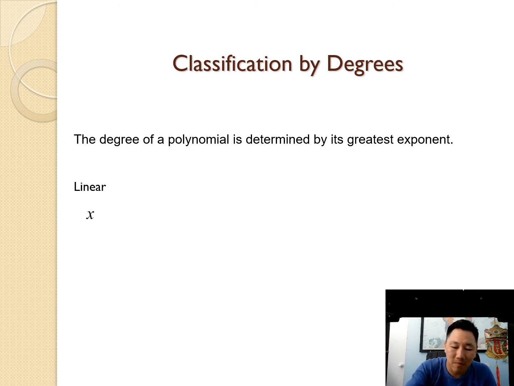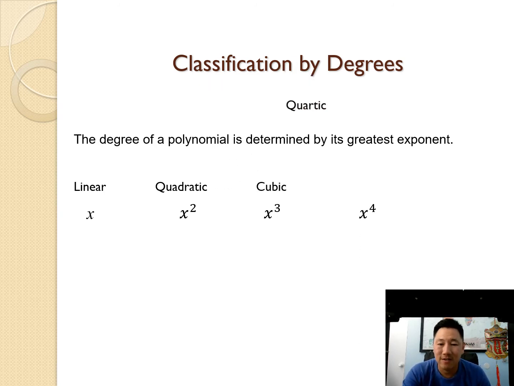Last chapter, we bumped it up to x squared. Those are called quadratics. This chapter, we're going to bump it up even more to x to the third power. Those are called cubics. X to the fourth power, quartic.